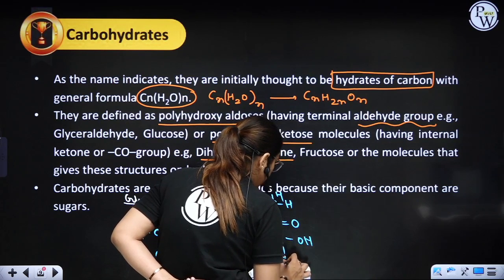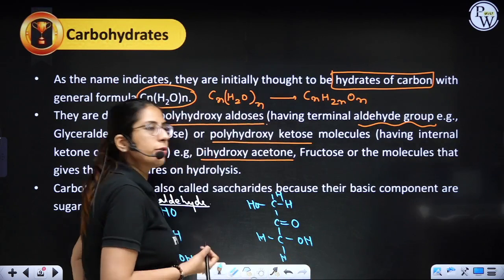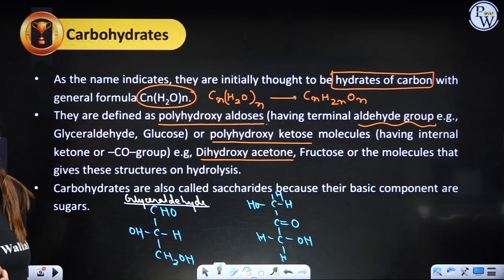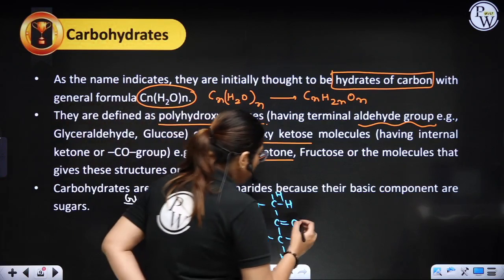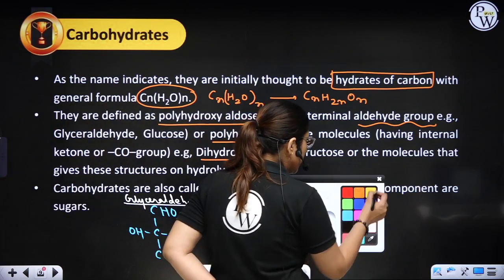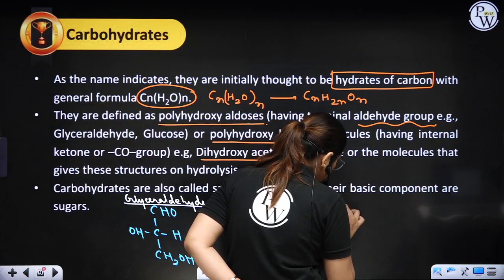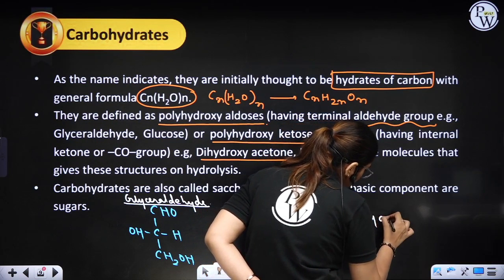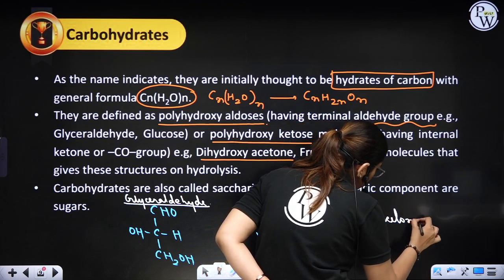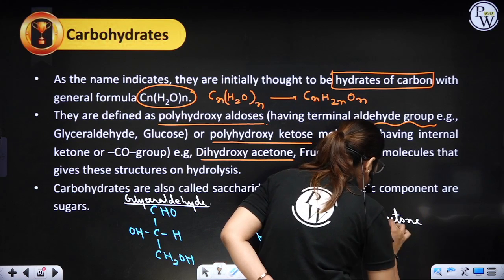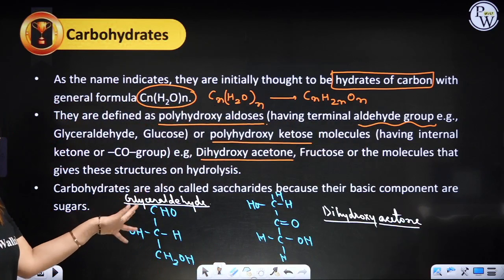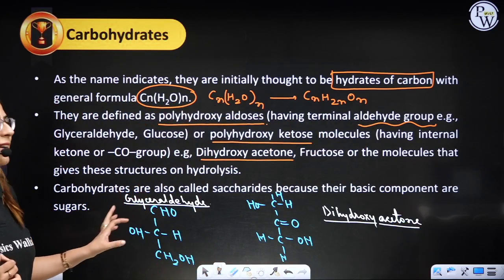We have one H, and here also we have an H. So this is also a carbohydrate, one of the simplest carbohydrates, and the name is dihydroxyacetone. Clear, buddies? This is dihydroxyacetone, and this is glyceraldehyde. So these are the simplest, and the common name given is saccharides.